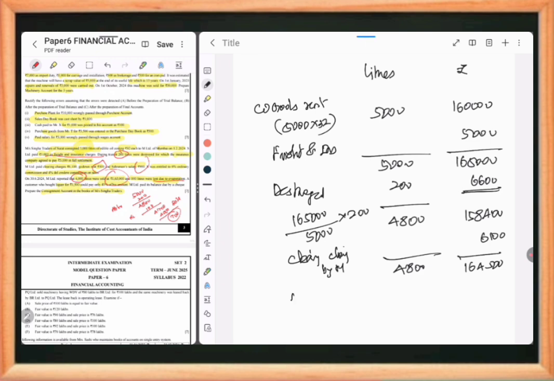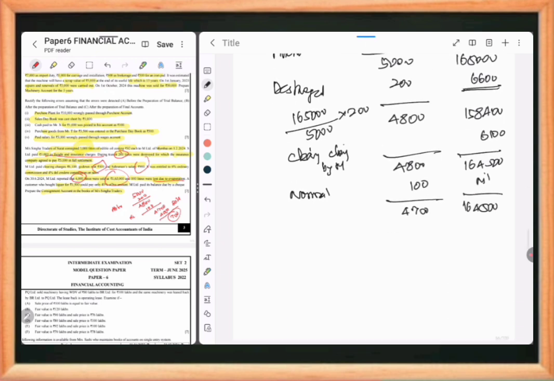Actually 4,800 liters would have been received by M, the consignee. Out of that, there is a normal loss of 100 liters. So the quantity is 4,700, and the cost is 1,64,500. Out of 5,000, 200 abnormal loss, 100 normal loss, and 4,000 sold. So the remaining 700 will be the closing stock.